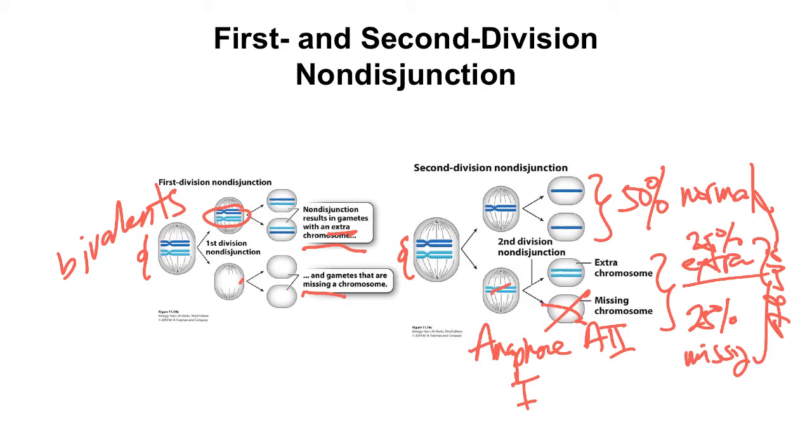So essentially, non-disjunction leads to errors in meiosis that cause abnormalities in surviving adults.